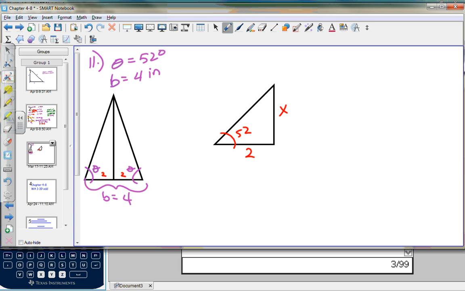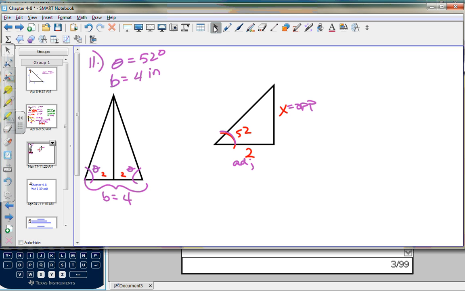It said to find the altitude. Do I know it? Nope. Since I don't know it, I let it equal x. So now, what is this side according to the angle theta of 52? It's adjacent to it. And what is the x? Opposite. What trig function deals with opposite and adjacent?